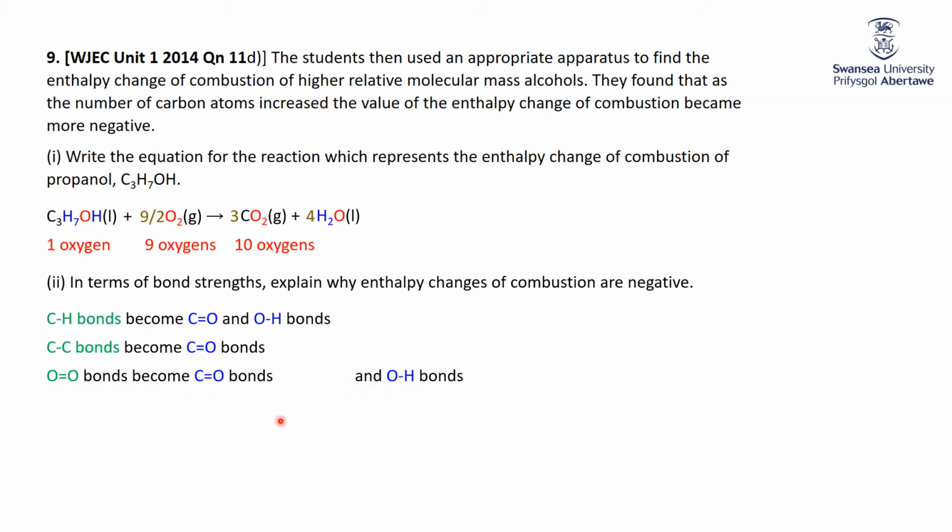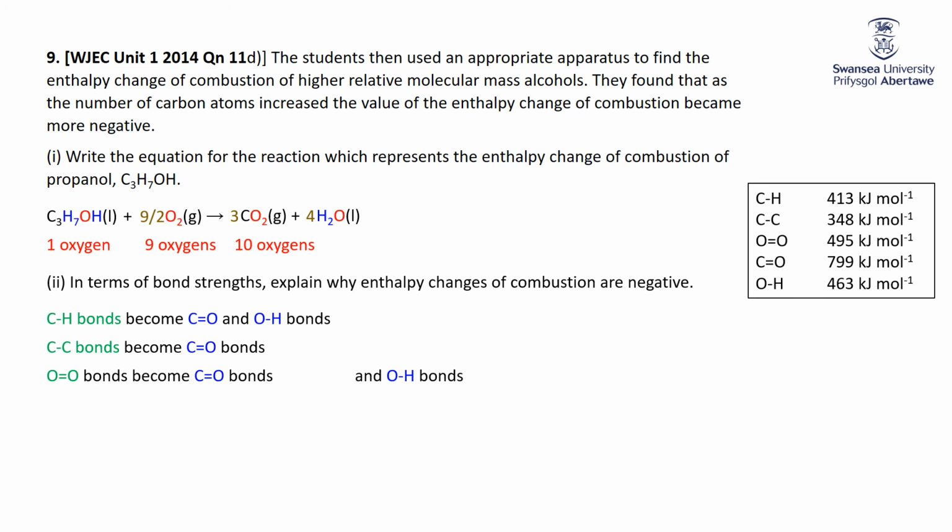But I thought let's go exploring in the rest of the exam, and I was able to actually find values to illustrate this for those bond energies. So CH bonds become C=O and OH. Well, CH is 413, C=O is nearly twice as much, and OH is 50 kilojoules more. So in other words, these bonds are much stronger than the CH bonds.